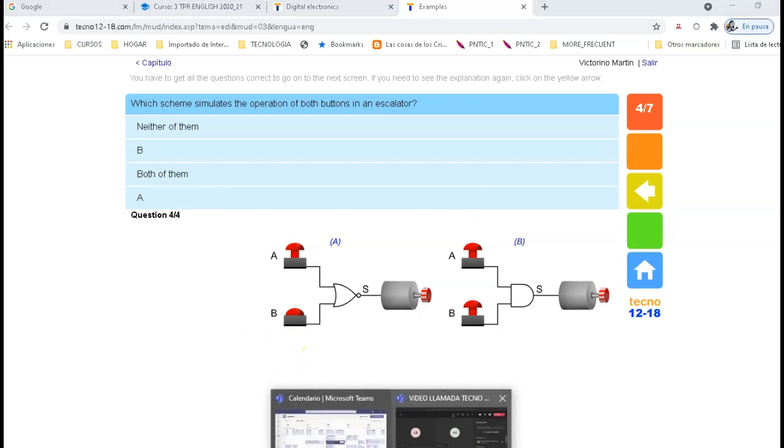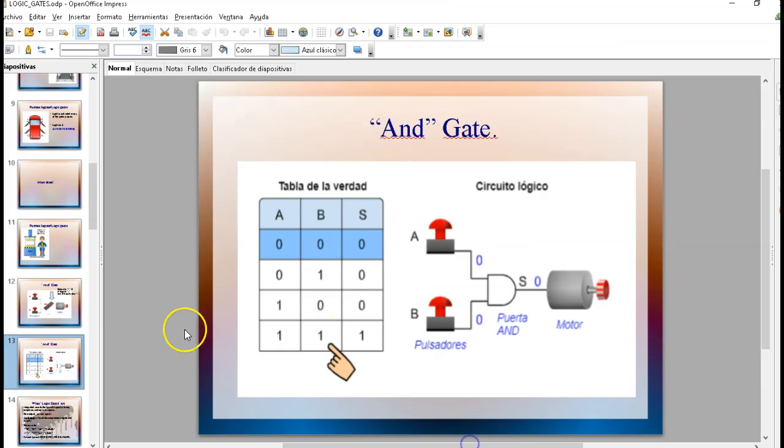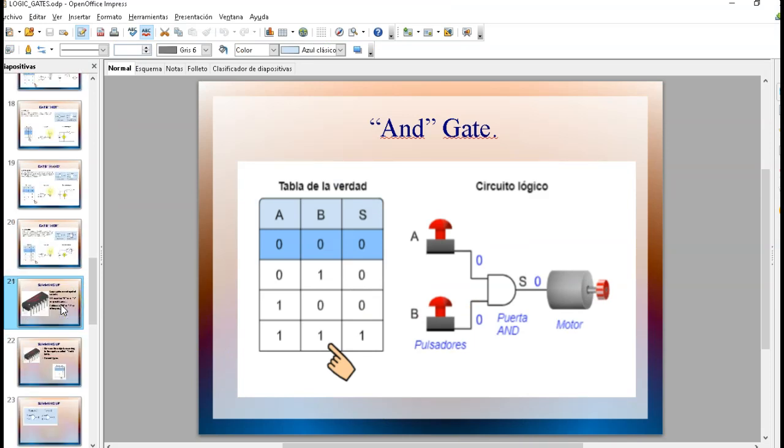Okay, question also for you. Which scheme simulates the operation of both buttons in the escalator? The A. A, yes, very good. Which one is this logic gate? What is the name?